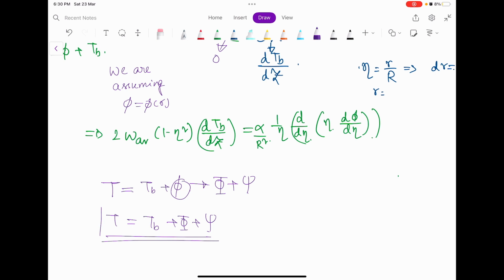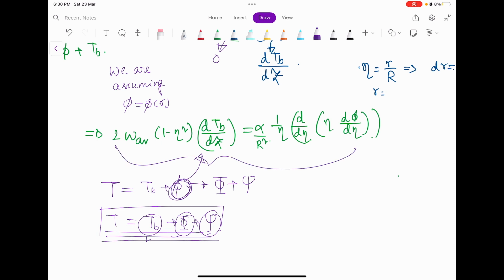Then I can break this problem into three problems having three governing variables. And this phi has this boundary condition, so I have to break this boundary condition also into two different problems. I will talk about it later.